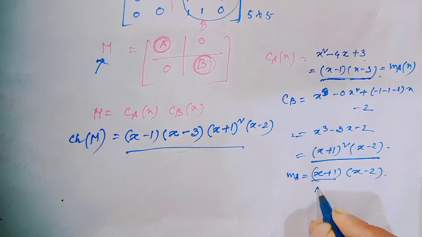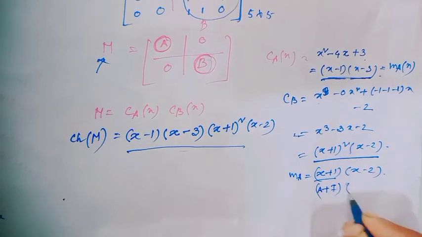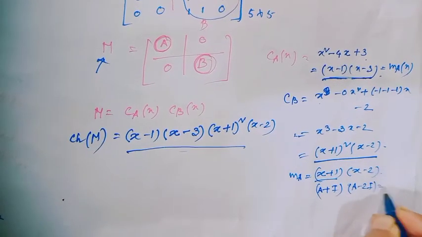Just calculate, because (B plus I) times (B minus 2I) would be the zero operator.